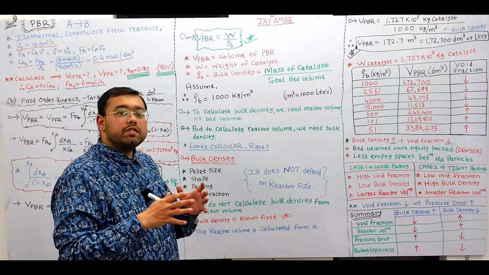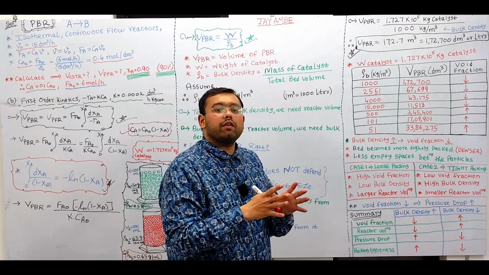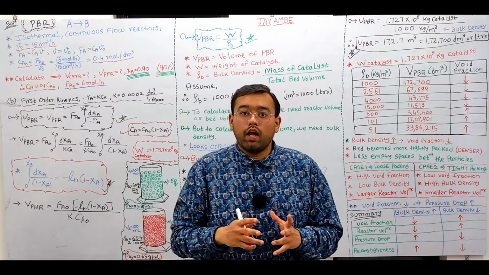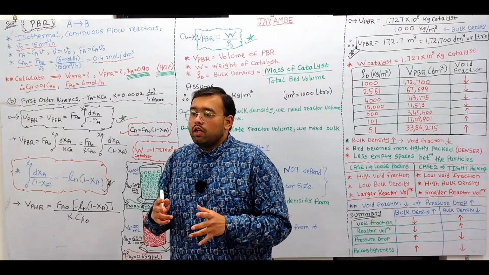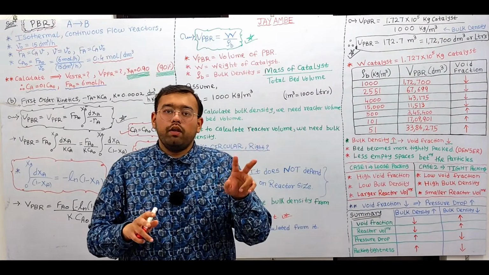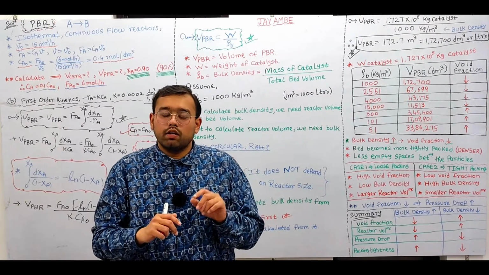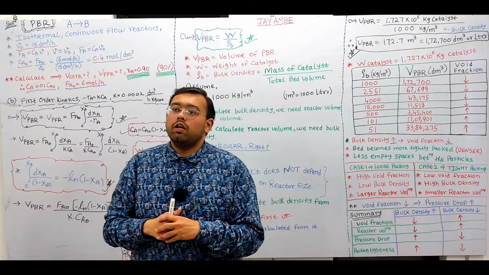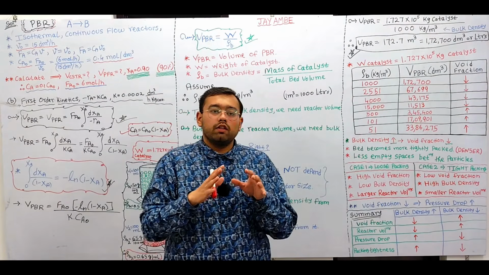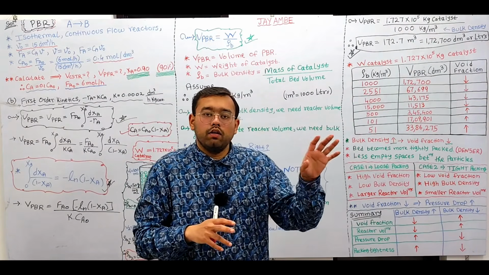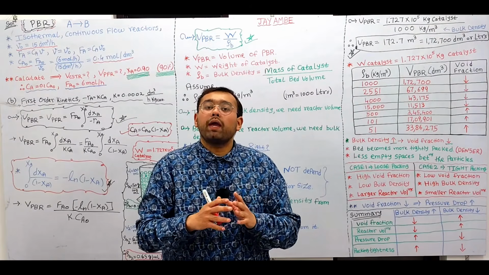Because there is a principal difference between the packed bed reactor and the plug flow reactor, right? What is the principal difference? Both are tubular reactors, it is correct. Both are of the same dimension, it is also correct. But the principal difference is the hollow space of the tubular reactor is completely filled by packing materials.